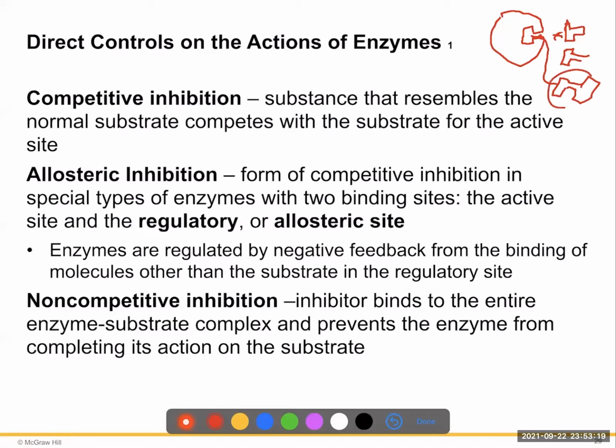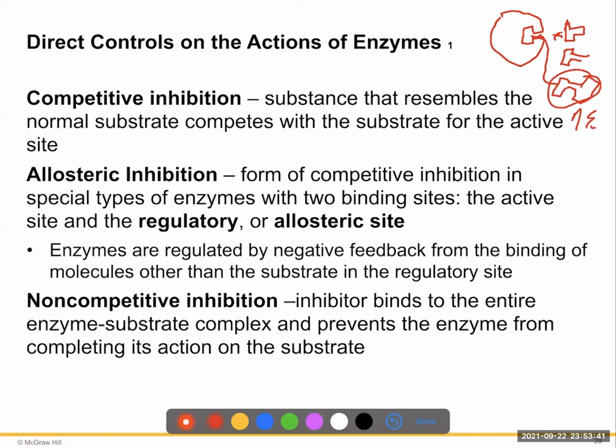And this is a different substrate, and it blocks the active site when it binds. That's competitive inhibition. They compete for the same binding site. And if the non-substrate, which is this one here, binds, then the substrate can't bind and perform because the site is blocked. That's what's called competitive inhibition.